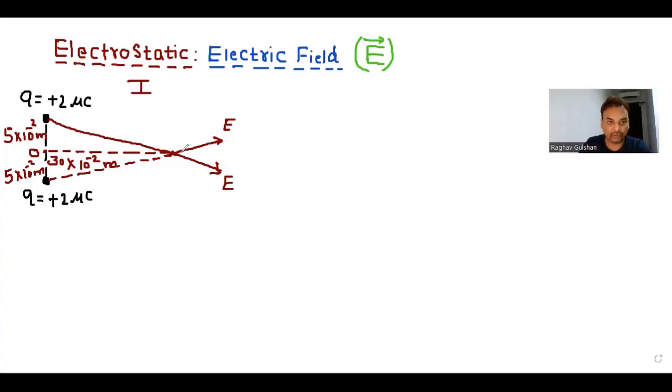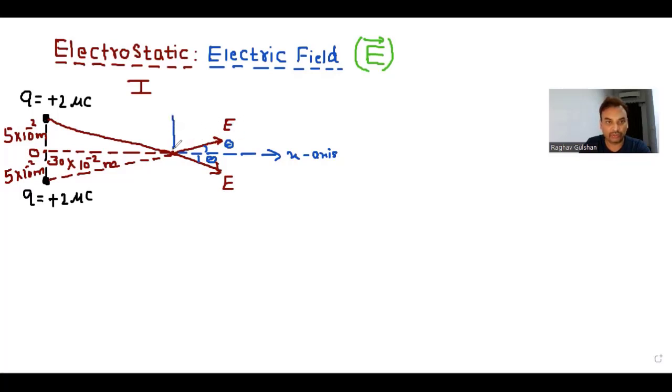So let me draw my x-axis. This is my x-axis, and let me assume this electric field makes an angle theta with the x-axis. Likewise, this electric field makes an angle theta with the x-axis, right? So now this electric field is at an angle of theta with the x-axis. I will resolve this electric field into two components.